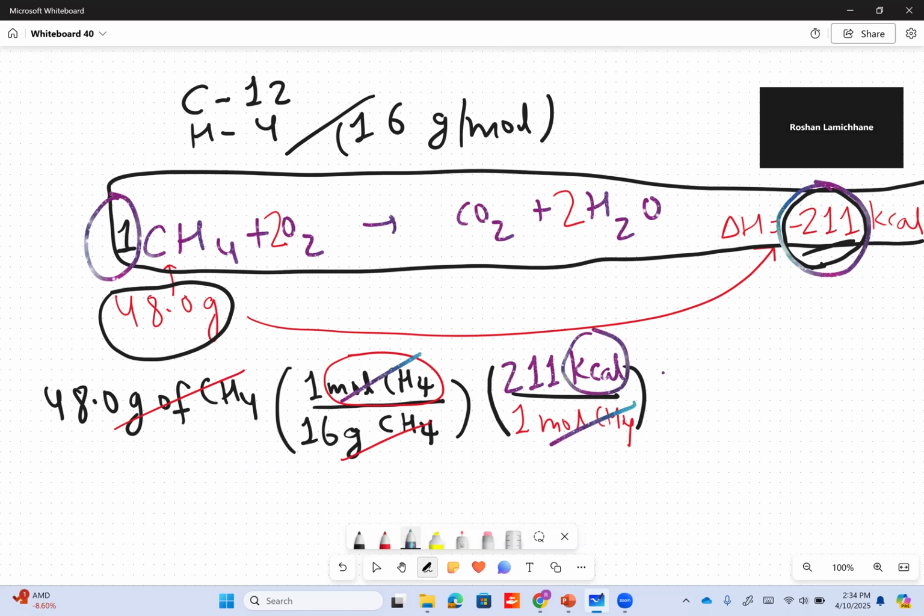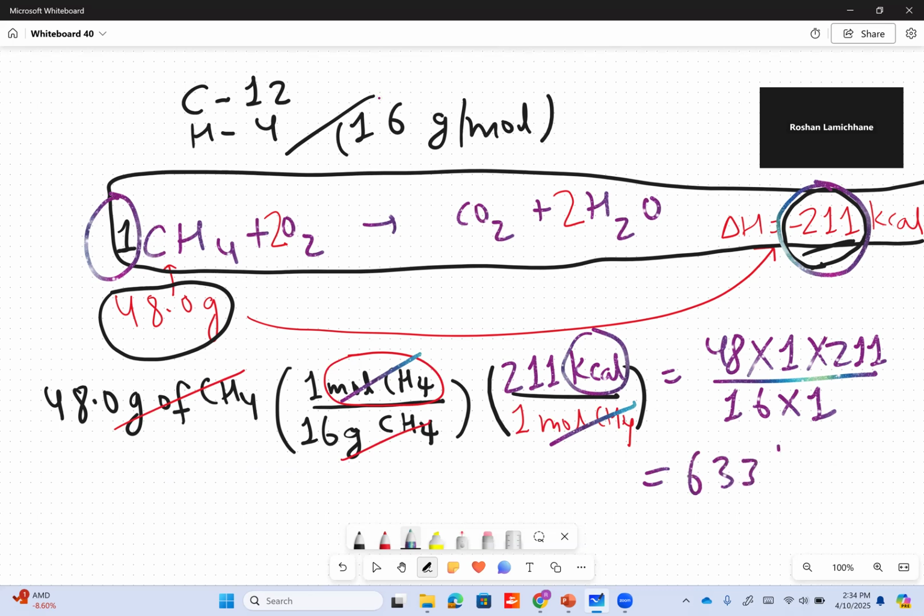All I do is the math: 48 times 1 times 211 divided by 16 times 1. And the unit is going to be kilocalories. That's how I get my 633 kilocalories. That means if I want 633 kilocalories of energy, I need to burn at least 48.0 gram of methane.